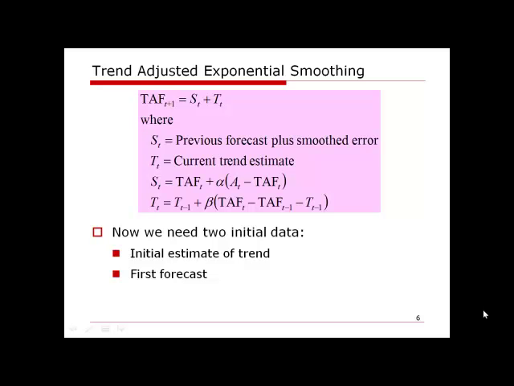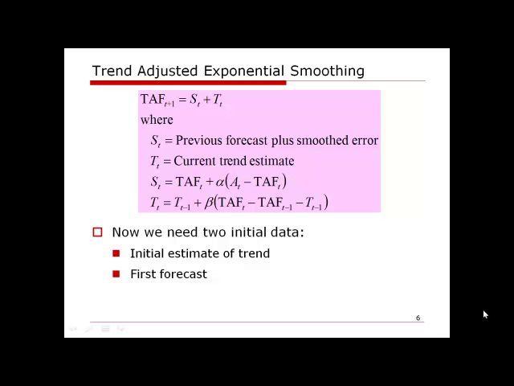beta. Now, to do the trend-adjusted exponential smoothing, we need two initial data instead of just one for exponential smoothing. We need an initial estimate of the trend as well as the first forecast. And of course, the first forecast usually is the result from naive forecast.